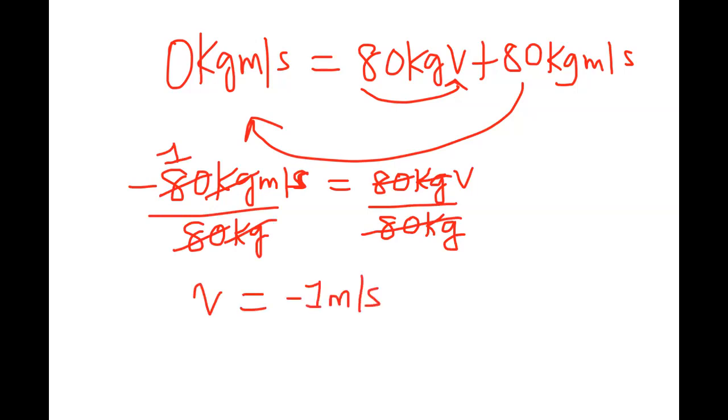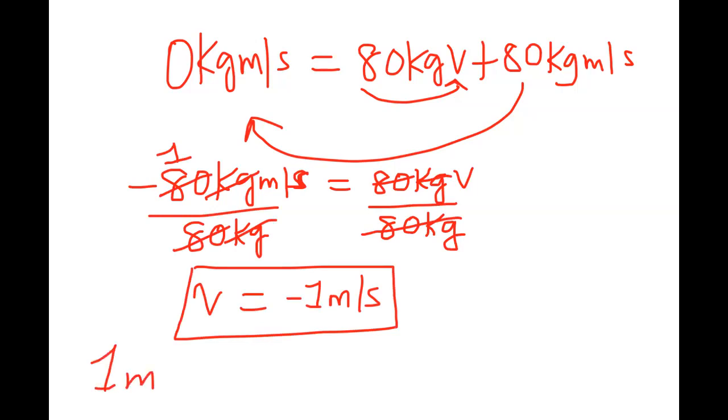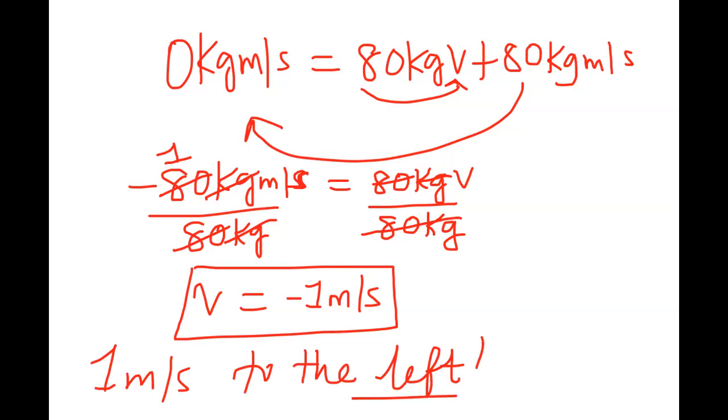So the velocity of the man is 1 meters per second to the left. That's why we have a negative sign there. All right, so that's the answer for that one.